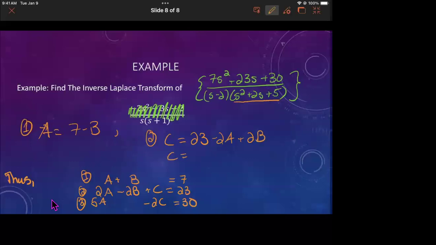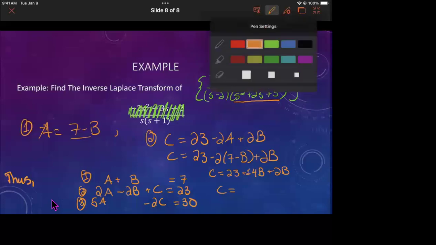And so c is equal to 23 minus 2 times 7 minus b, plus 2b.